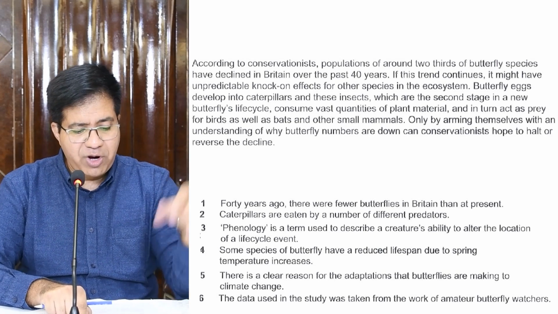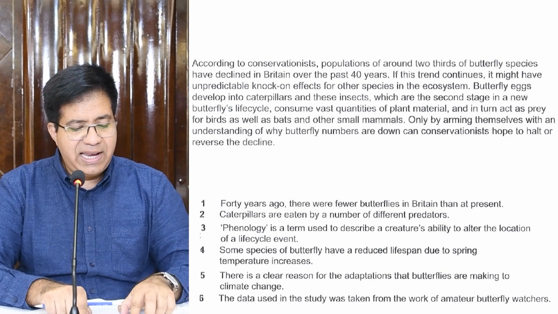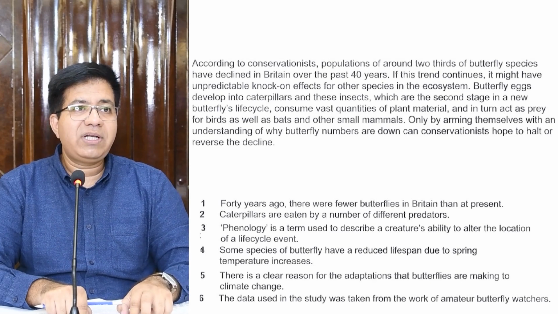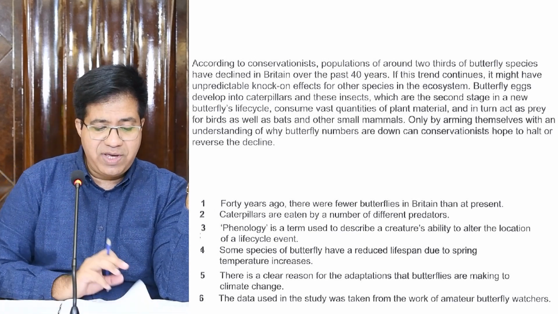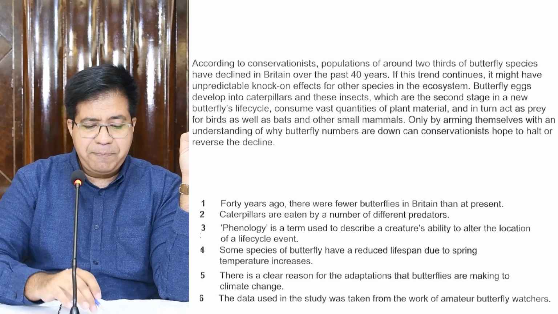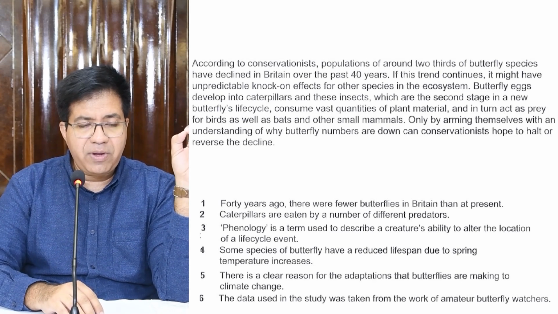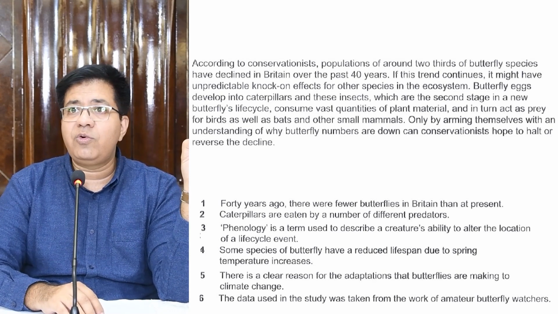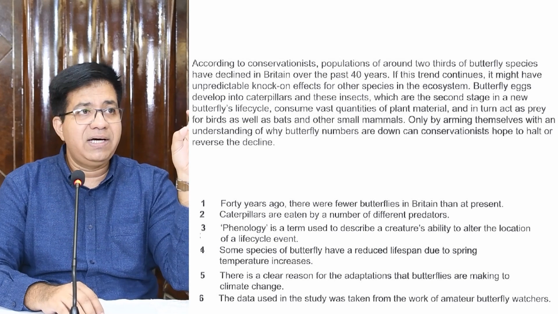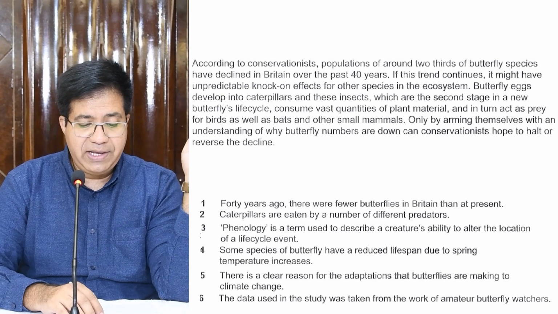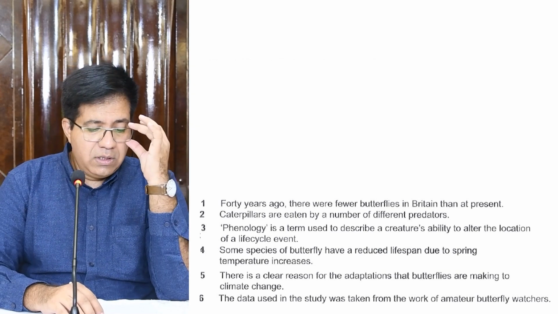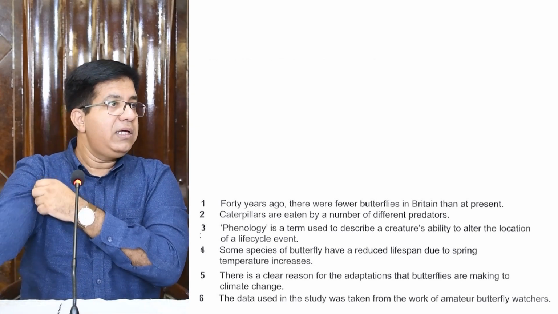They act as prey for birds as well as bats. Now what are their predators? Birds as well as bats. What's the question? Caterpillars are eaten by a number of different predators. And what are those number of different predators? Birds as well as bats. So the right answer is true. Well done. All good? Yeah? Good job.